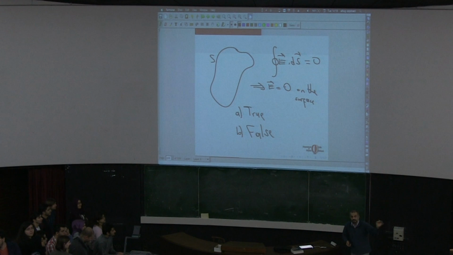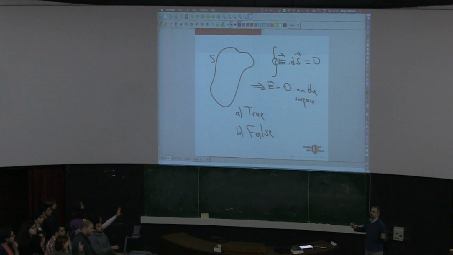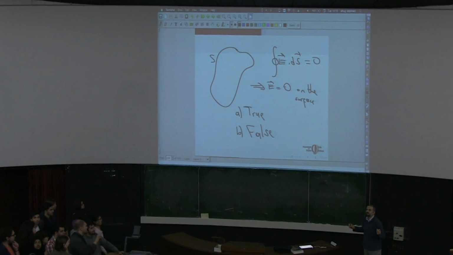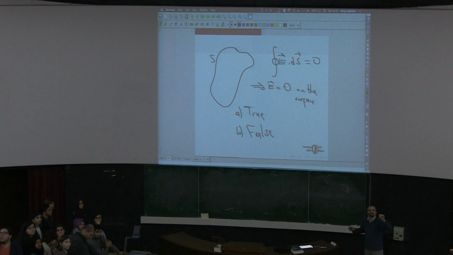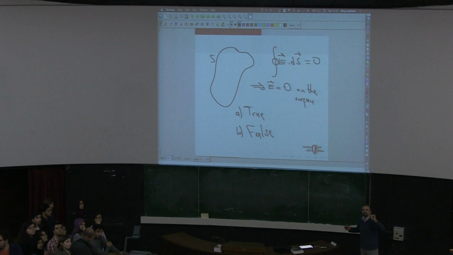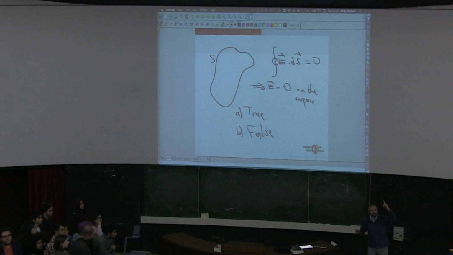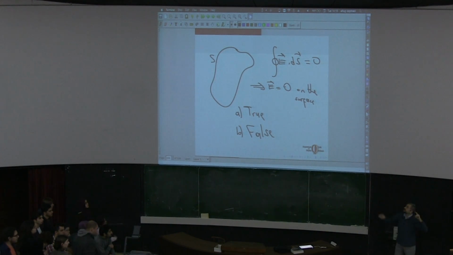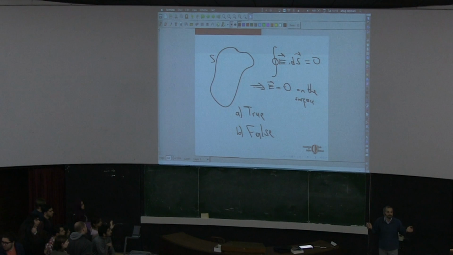He said that according to the Gauss law, if this is true, there is no charge anywhere. So your friend is saying that if you remember the quiz, in the quiz this integral was still 0, but since there we had several charges distributed around, the electric field was not 0.